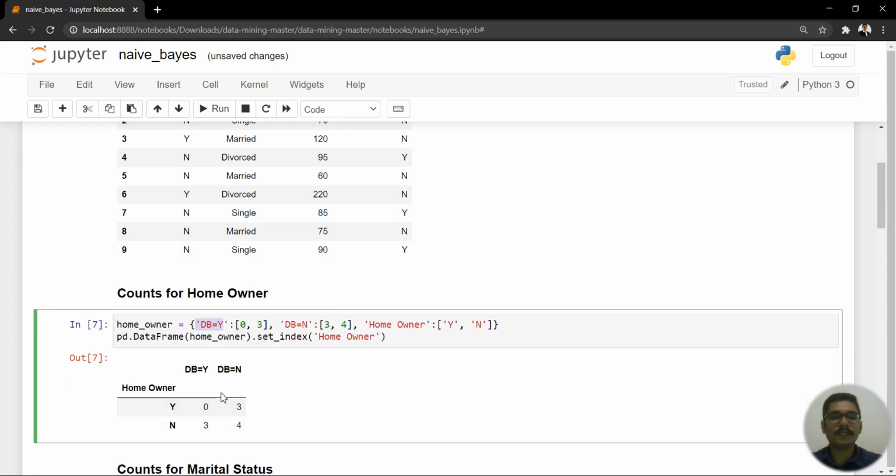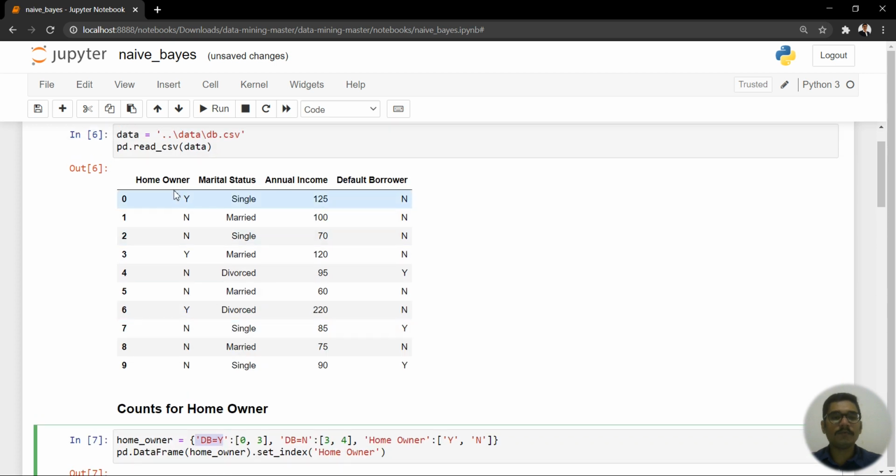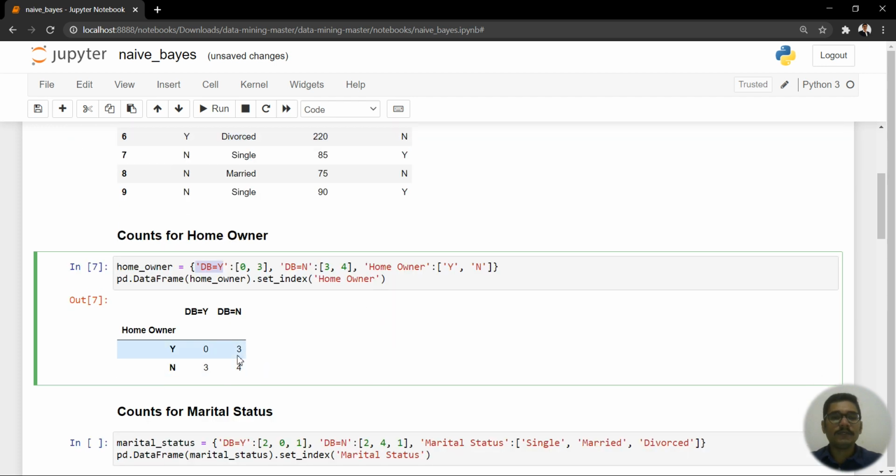And homeowner yes and defaulted borrower no: 1, then 2, and then 3. So likewise you do the classification. This is a distribution table of how the instances are separated in that particular class.